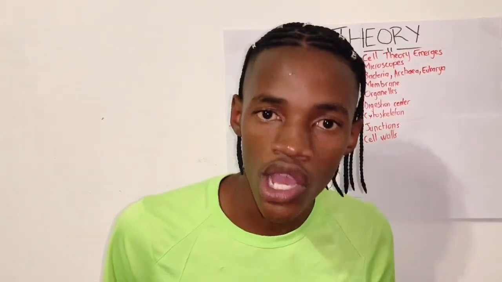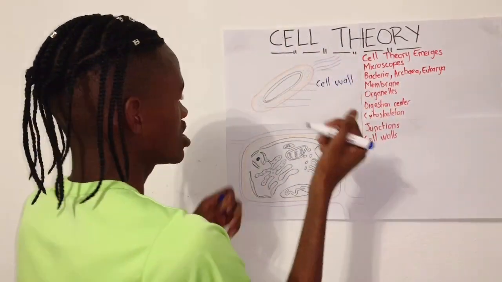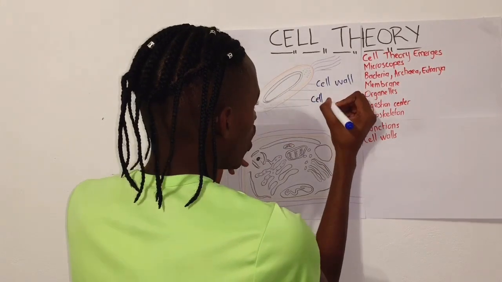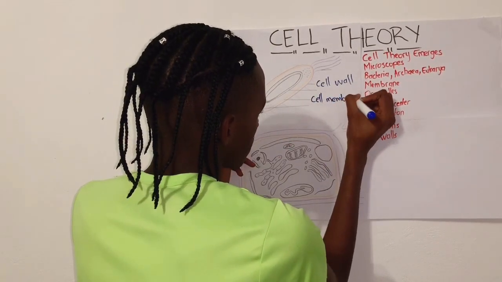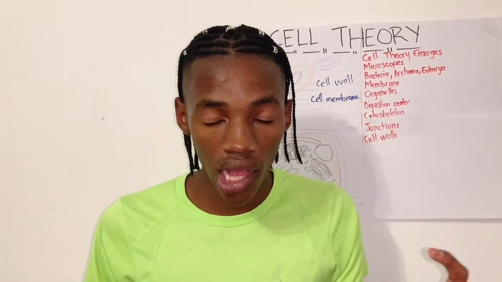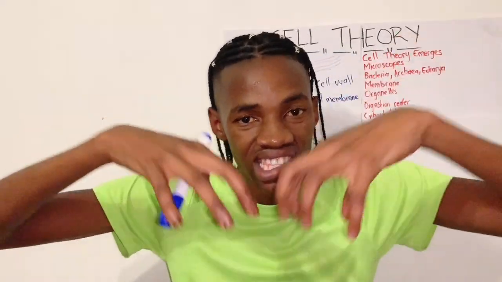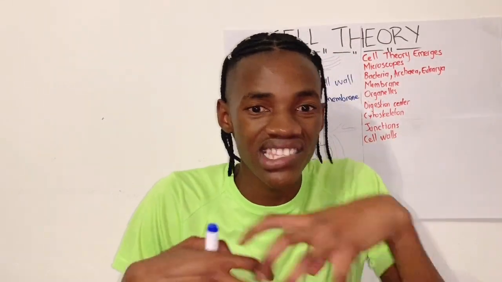And now, after the cell wall, you find the first membrane, which is called the cell membrane. The cell membrane is the one written in orange. What the cell membrane does is protect the cell and separate it from its surroundings, and it protects the inner organelles, the cytosol, the DNA, and everything that is inside.